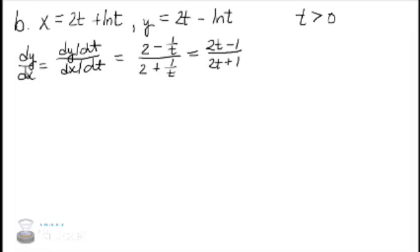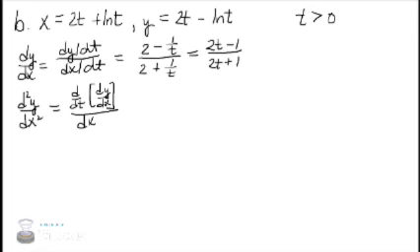And we want our second derivative to analyze concavity. So now we're going to find the second derivative, which is going to be the derivative with respect to the parameter t of the first derivative, dy/dx, over dx/dt.